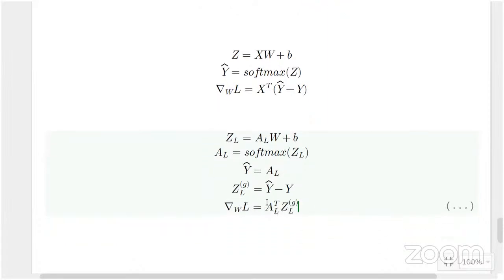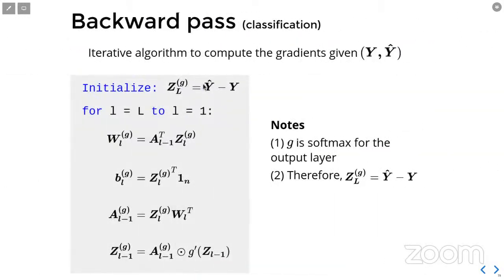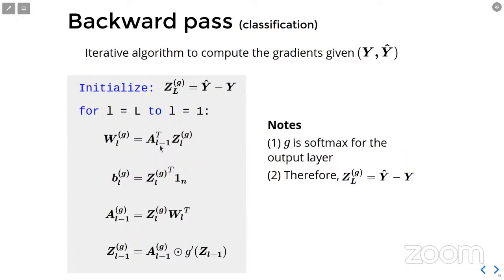If you notice, I'm computing AL transpose ZL G. It's a pure softmax regression formula in some sense. In softmax, it was X transpose into Y hat minus Y. Here it's not X transpose, it's AL minus 1 transpose into Y hat minus Y.